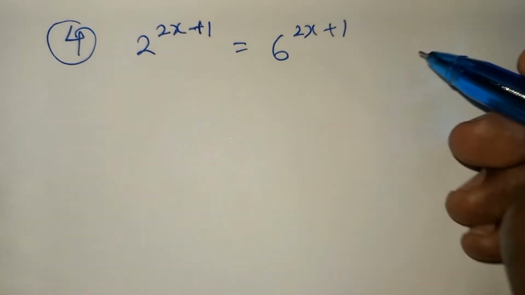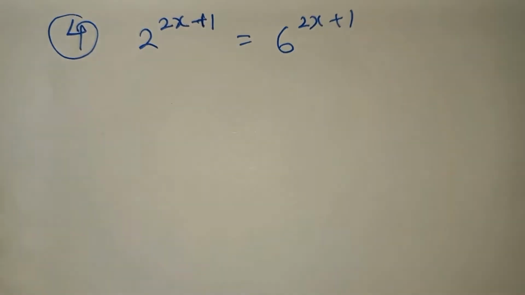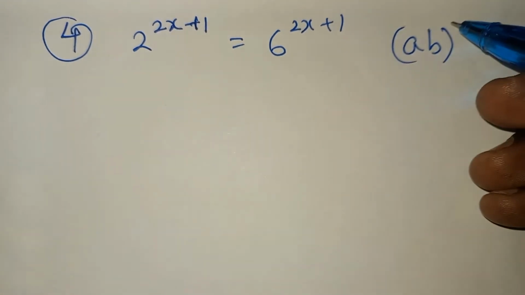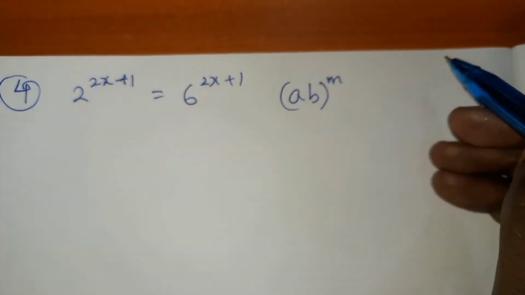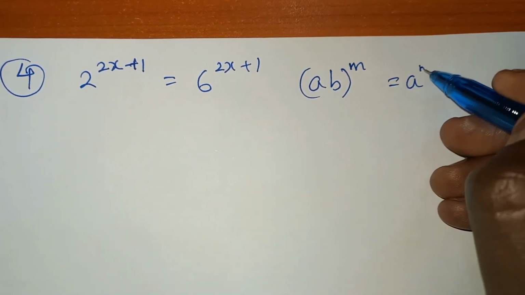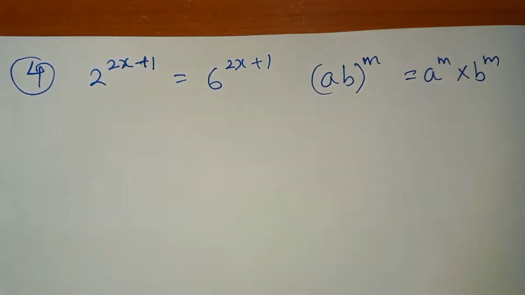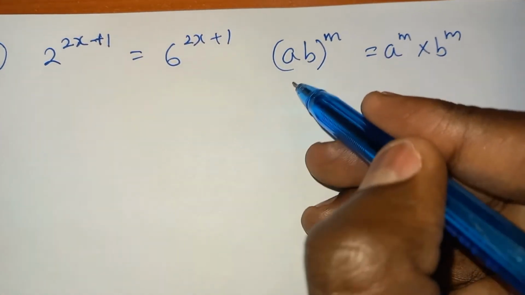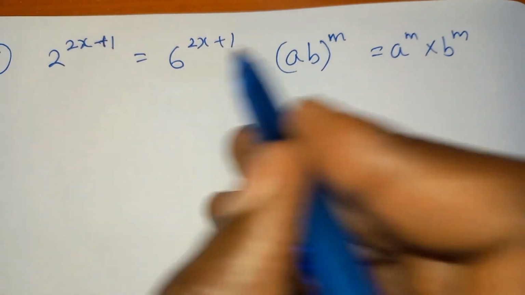Now, recall our rule number 7, which says (ab) raised to power m is the same as a raised to power m times b raised to power m. Now, using this rule, we can try to rewrite the right-hand side.